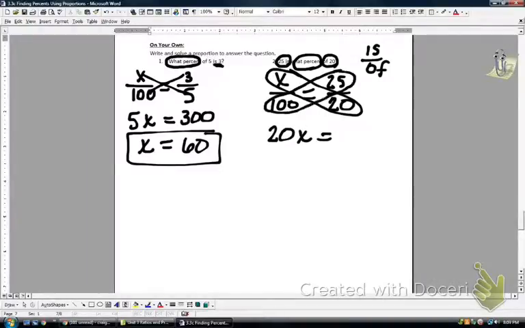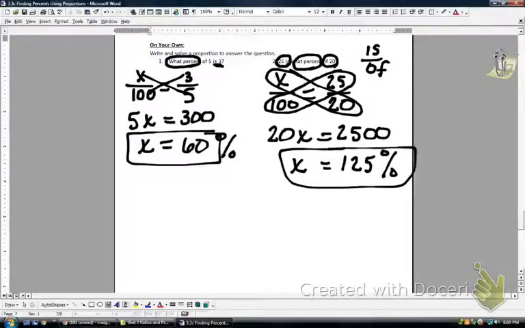Cross the equal sign and multiply. And then when I solve that, I get 125, and it is a percent, so I need my percent symbol. I forgot my percent symbol on the first one. So my answer for that is 125%. And then my answer for the first one is 60%.